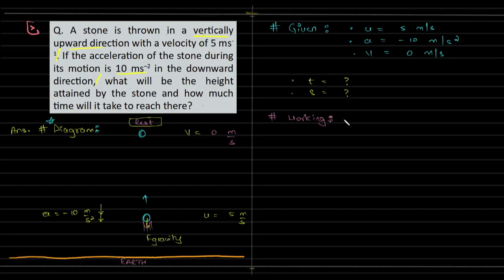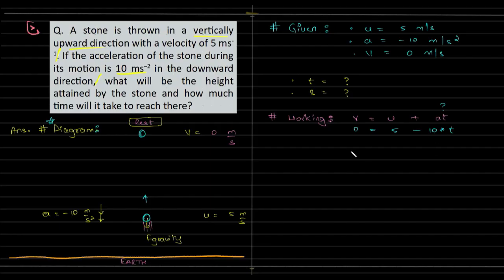What formula to use? Well, we can begin with v is equal to u plus at, right? So we have v which is 0, u which is 5, acceleration which is minus 10, and t. Again, I just wrote this formula, and here all the three happen to be known and one is unknown, so we are pretty much done, right? You can use this directly.